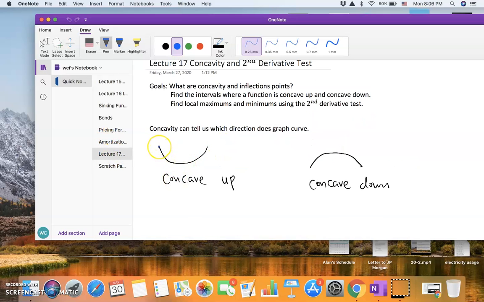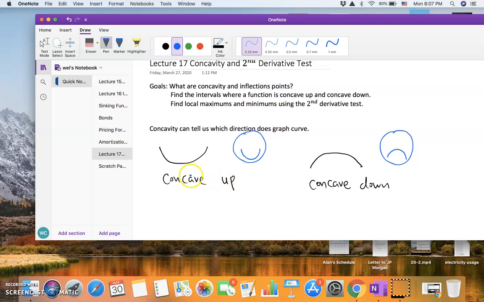So if the curve of the function looks like this, we call this a concave upward or concave up. If the curve looks like this, we call it concave down. You can think of concave up as a smile face, and concave down as a sad face, right?